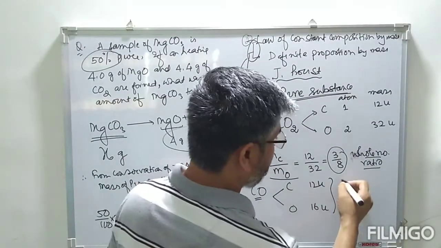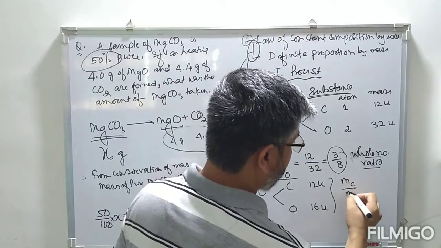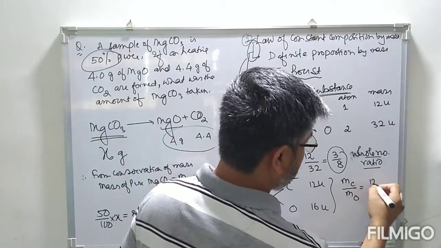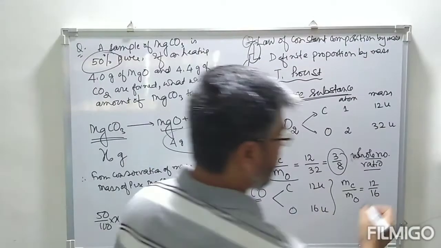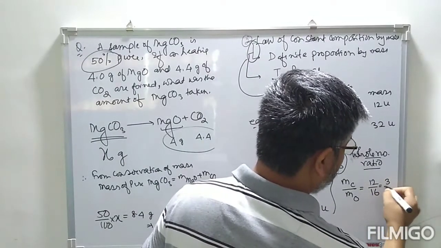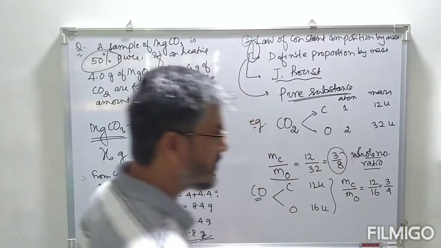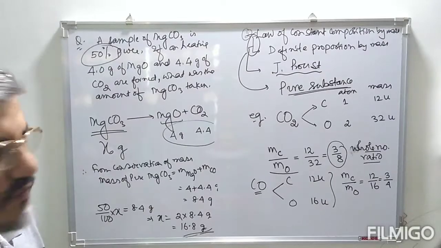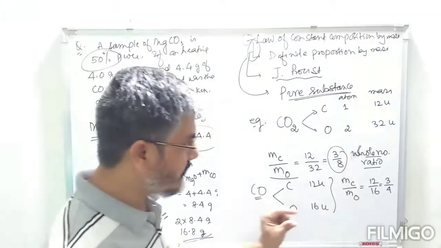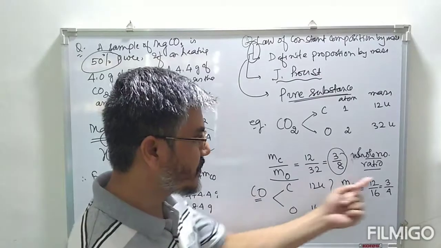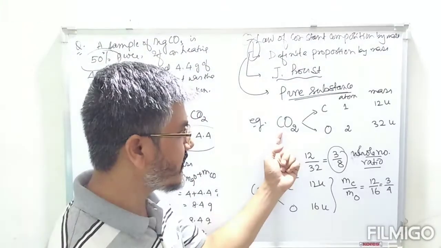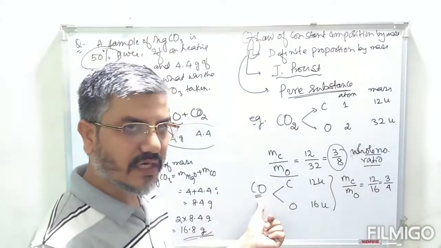Now take the mass ratio, mass of carbon to mass of oxygen, that is 12 to 16, that is 3:4. So if the combining mass ratio of carbon and oxygen in any given sample is 3:4, this cannot be carbon dioxide, this has to be carbon monoxide.